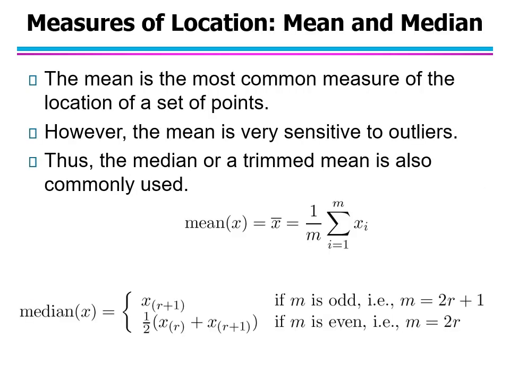Furthermore, there are measures of location, mean and median, which are also called central tendency. The mean is the most common measure of the location of a set of points. However, the mean is very sensitive to outliers because it uses every data value directly.